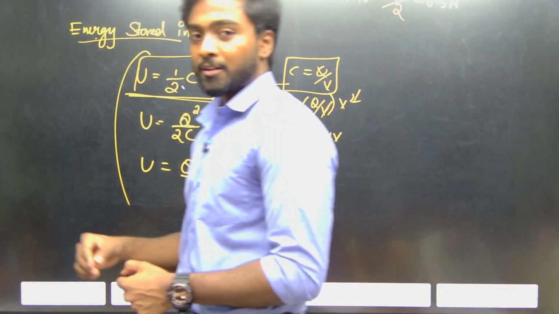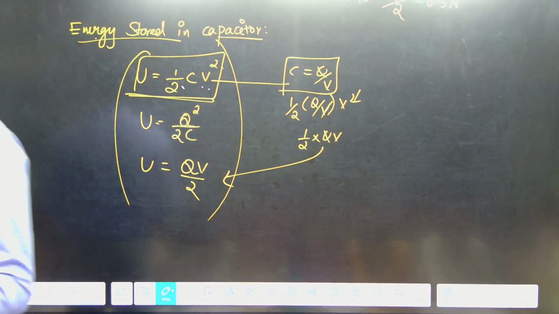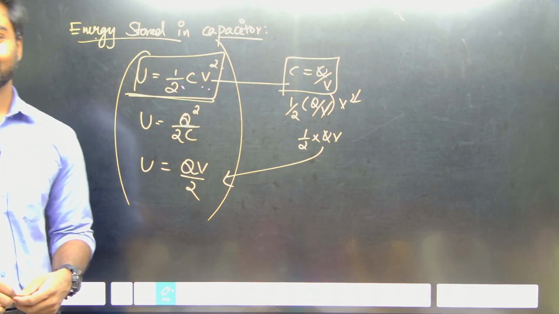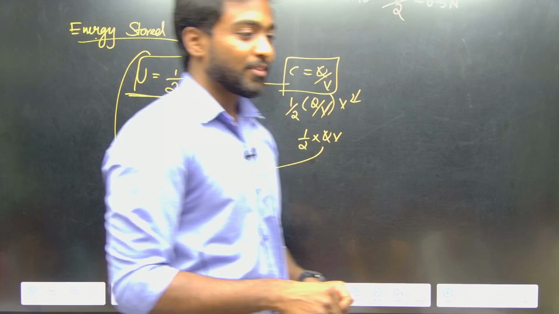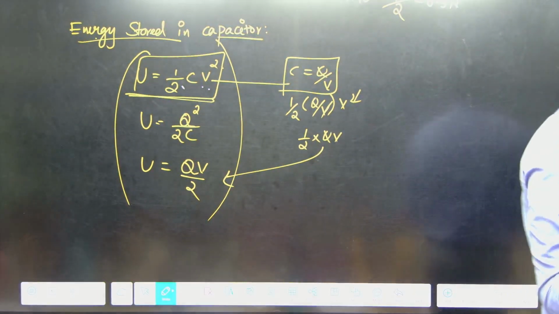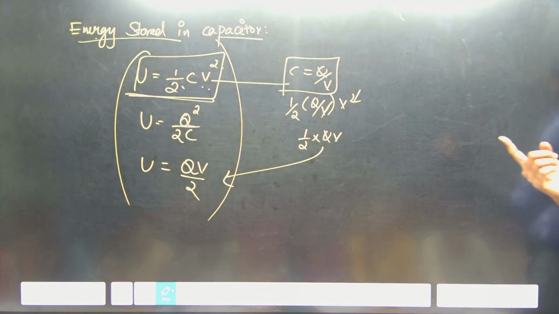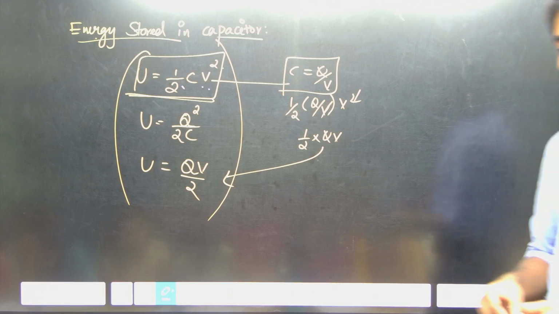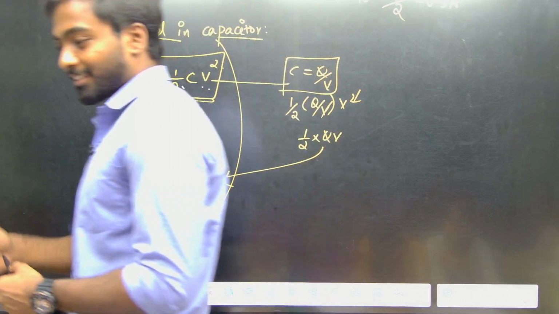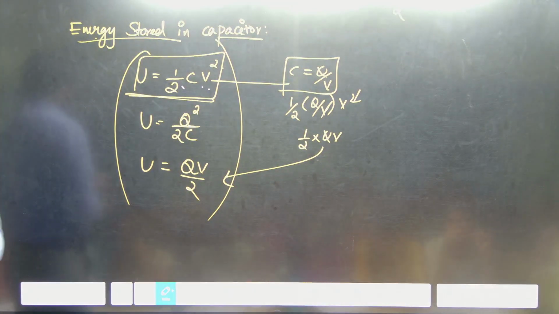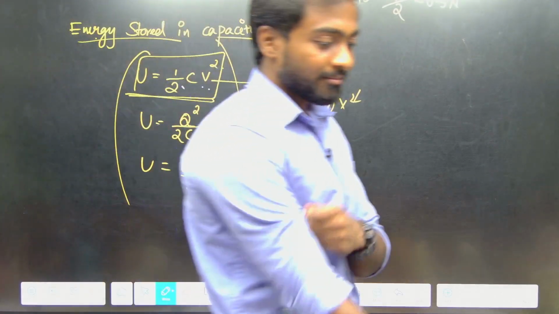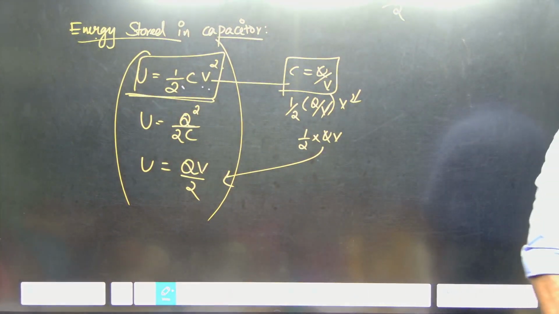Charge must be, options are increases, decreases or remains constant. All of the above, it's not possible. Either any one condition will be possible for the equation. There is no fourth option. Okay, this is your question. Next question.